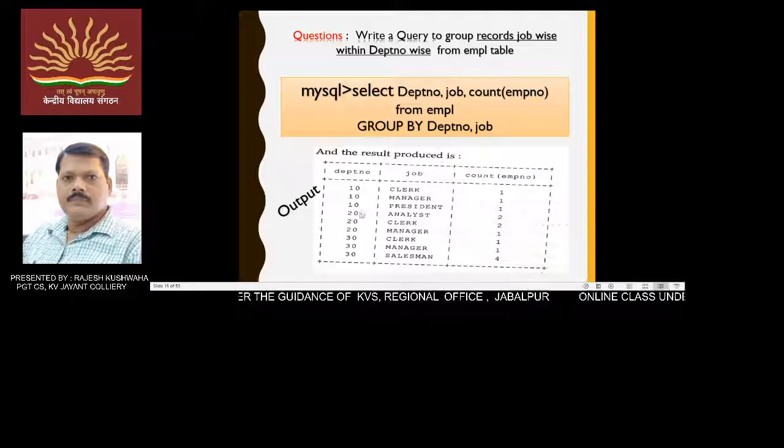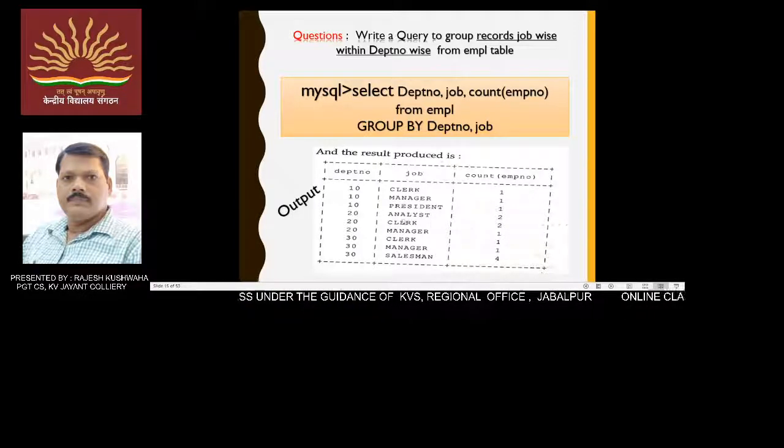Similarly, under department number 20, there are 3 records: analyst, and the number of analysts present. Under this group, department number 20, there are 2 analysts, 2 clerks, and 1 manager.